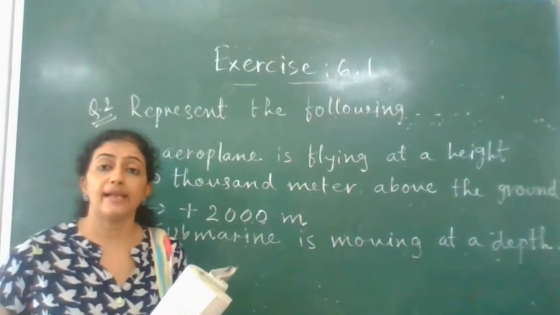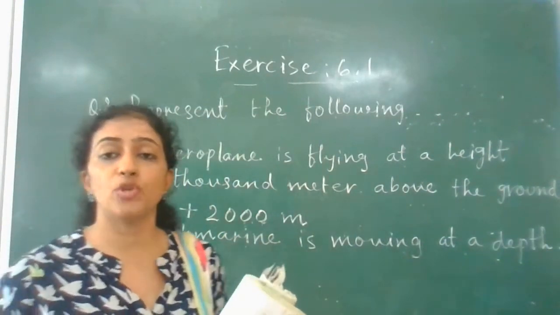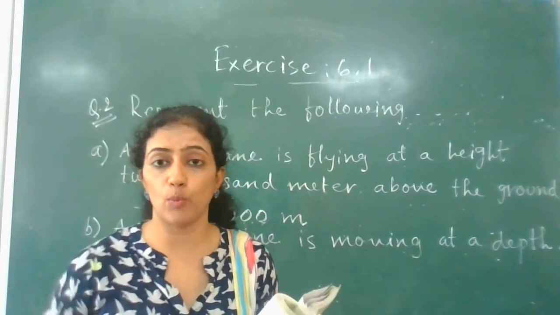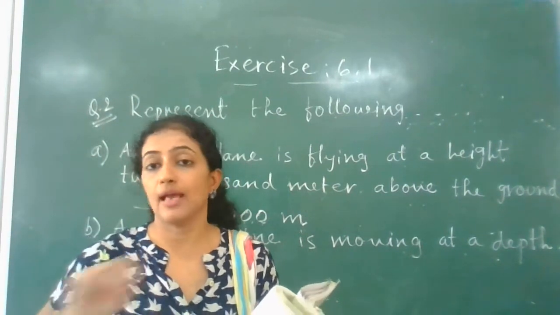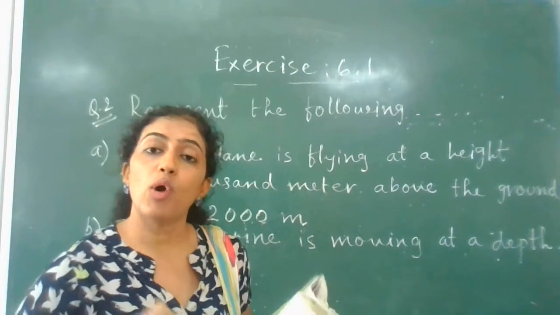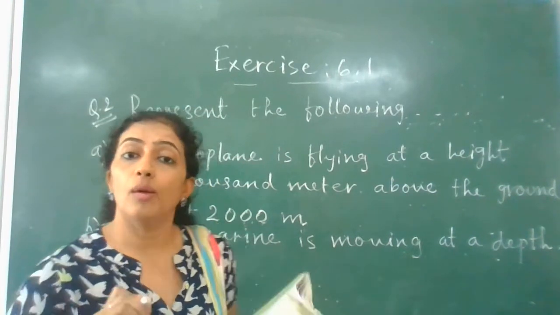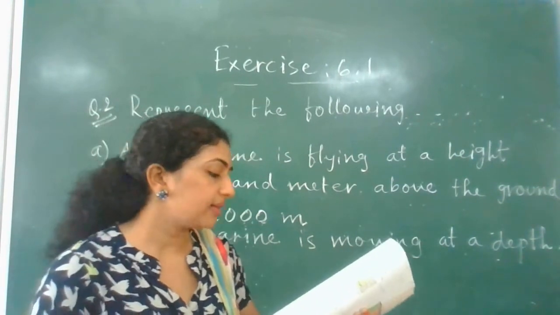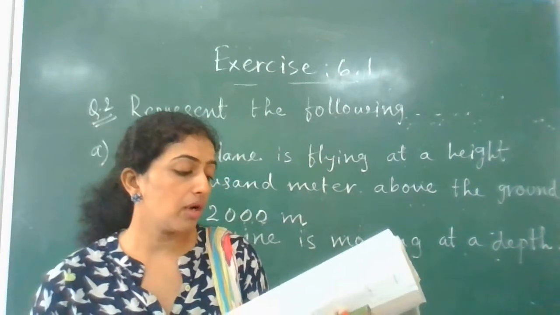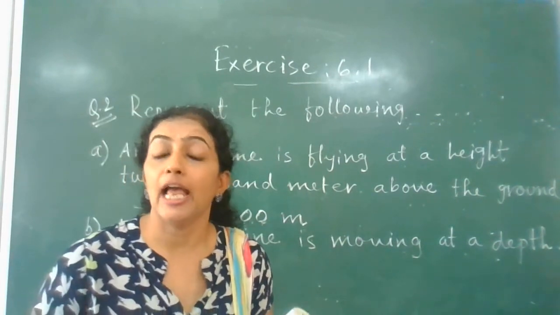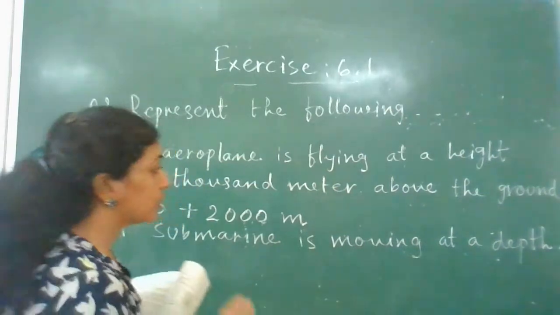What is the depth? And depth, how will you consider? Depth you consider something which is down. Down means a negative sign. What depth is it moving at? It is moving at 800 meter below the sea level.